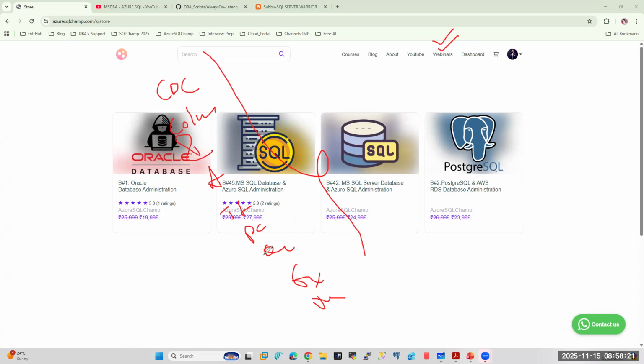Of course, Query Store will be discussed again in the live sessions, and extended events also, but there we will discuss in terms of what we are troubleshooting. You should know what Query Store is and how to configure it; that concept we discuss in the webinars. I hope you are understanding. This concept will come in the live sessions also, but only up to that point will you learn.